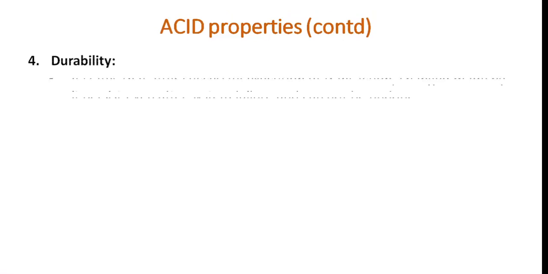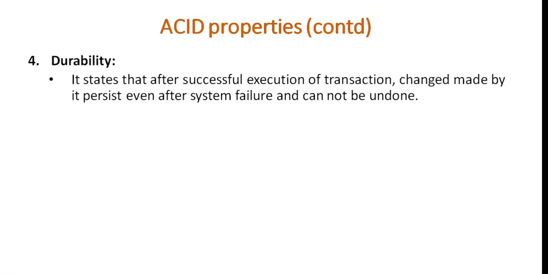Then the last property is durability. Durability states that after successful execution of a transaction, the changes made by those transactions persist even after system failure and cannot be undone.